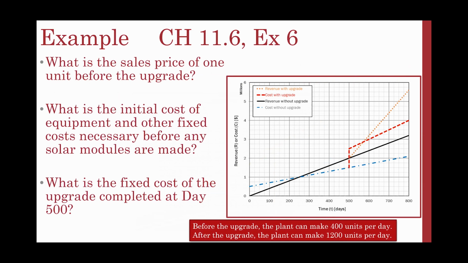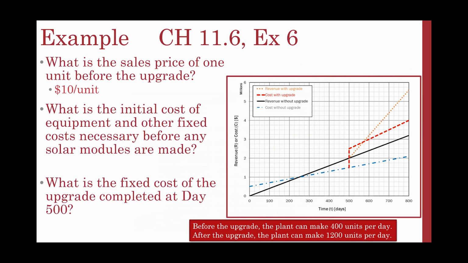So what is the sales price of one unit before the upgrade? Before the upgrade, we want to look at the slope of the blue line. What is the initial cost of the equipment and other fixed costs necessary before any solar modules are made? And what is the fixed cost the day the upgrade is completed? The slope of the blue line is $10 per unit.